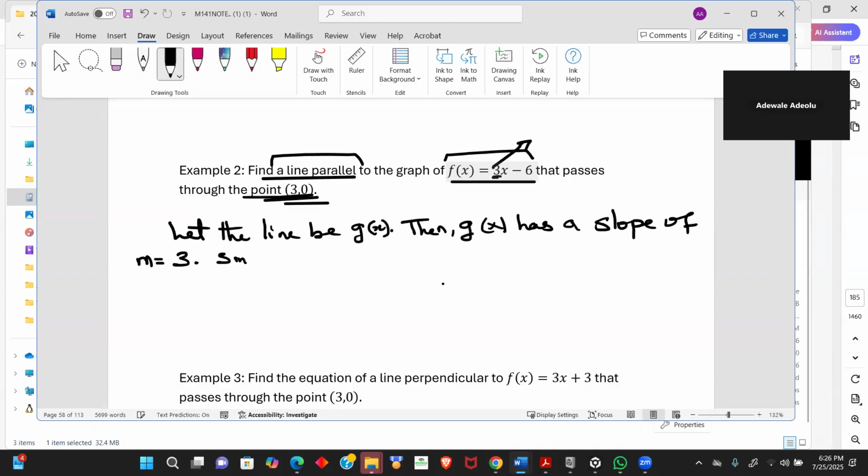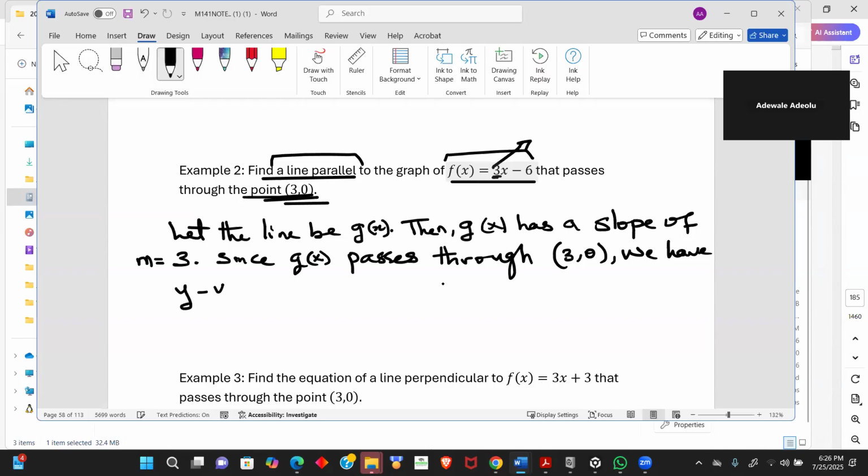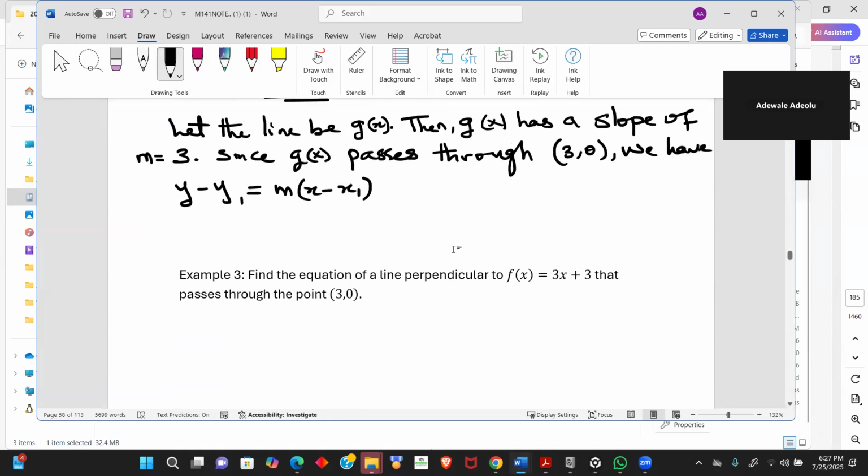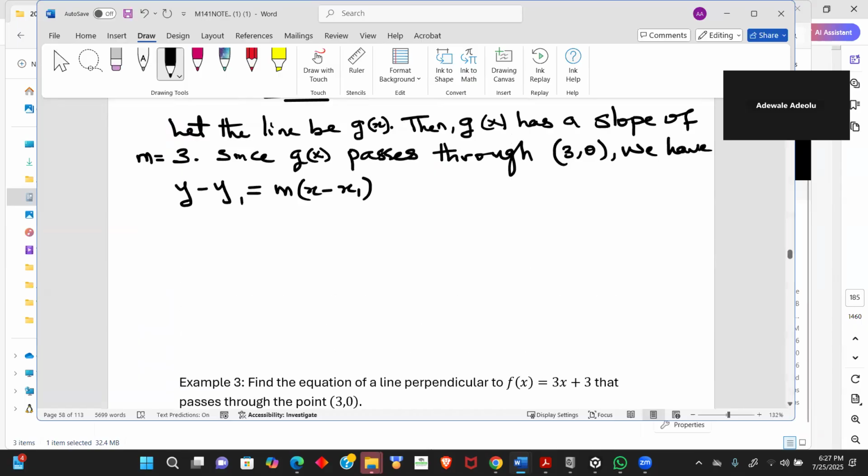So we say since g passes through the point (3, 0), what do we have? y minus y1 equals m times x minus x1. You remember, we have a point and we have a slope, so we can use the point-slope formula.